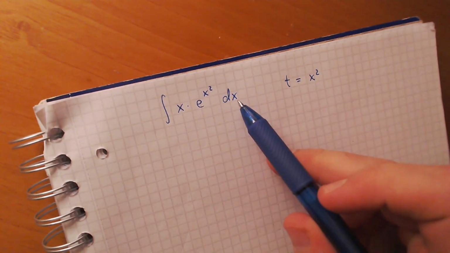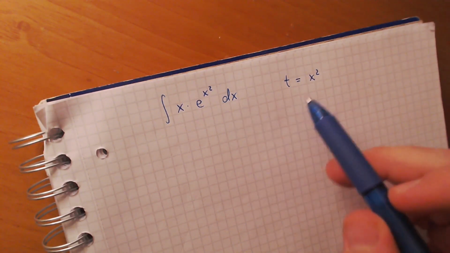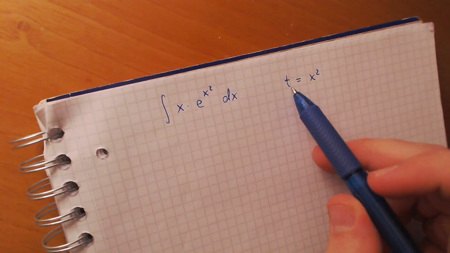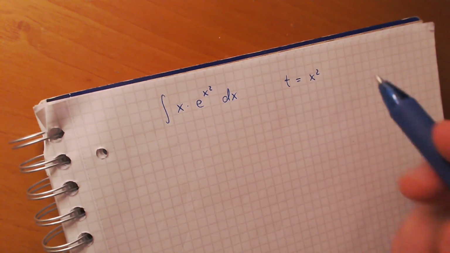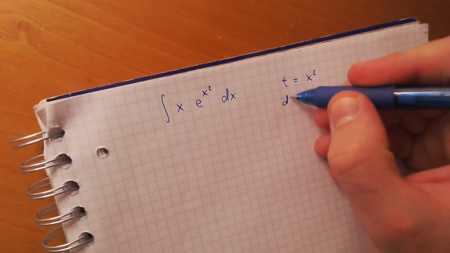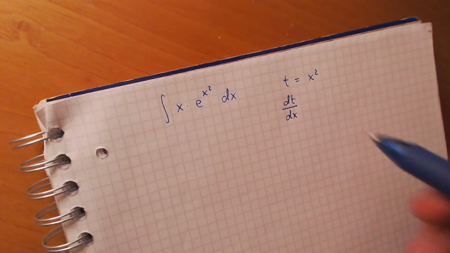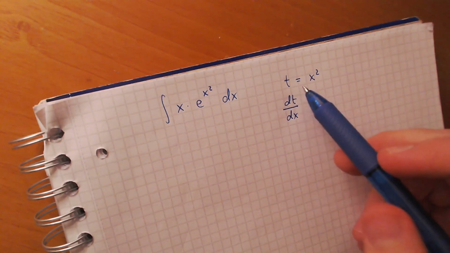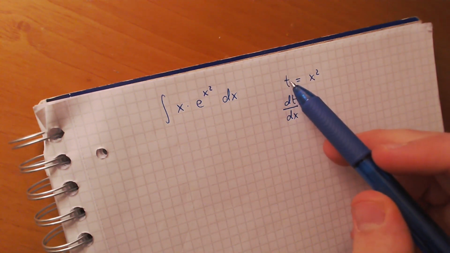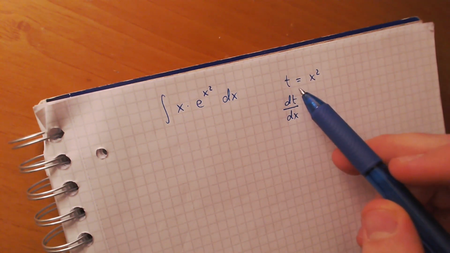So in order to do so, we have to consider the derivative of t with respect to x. So we have to consider dt over dx. So here basically we are considering the derivative of this variable with respect to the old variable, let's say.